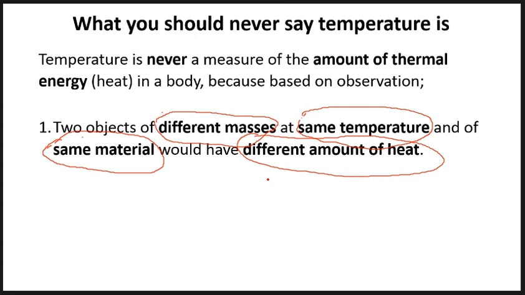So this does not justify temperature. Because if temperature is truly the amount of heat, then different masses should have the same amount of heat. But in this case, different masses have different amounts of heat and still have the same temperature. So how does that correlate? It doesn't correlate at all.